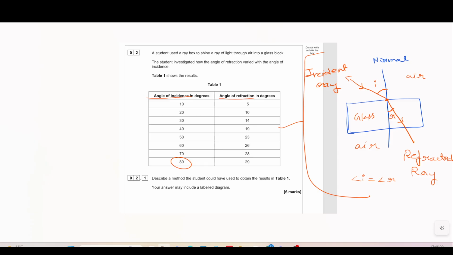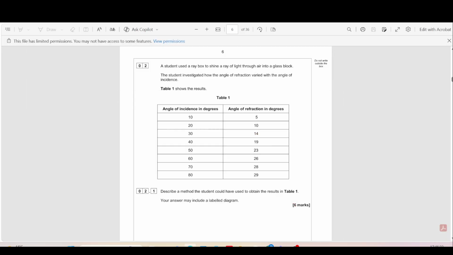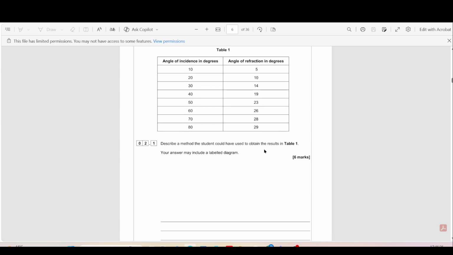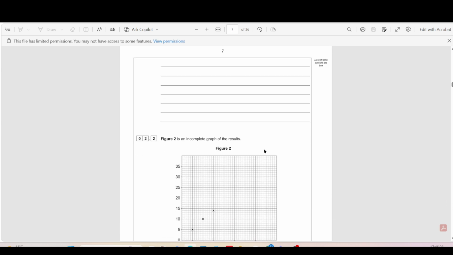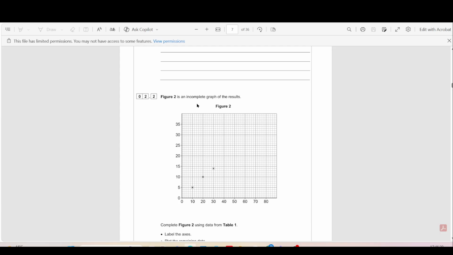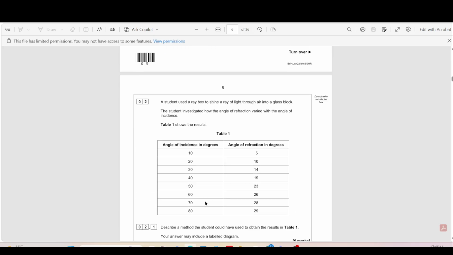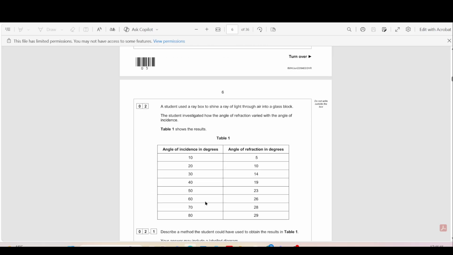Okay, good. So figure 2 is an incomplete graph. We have to label the axes and plot the remaining data. Oh, you already did this?